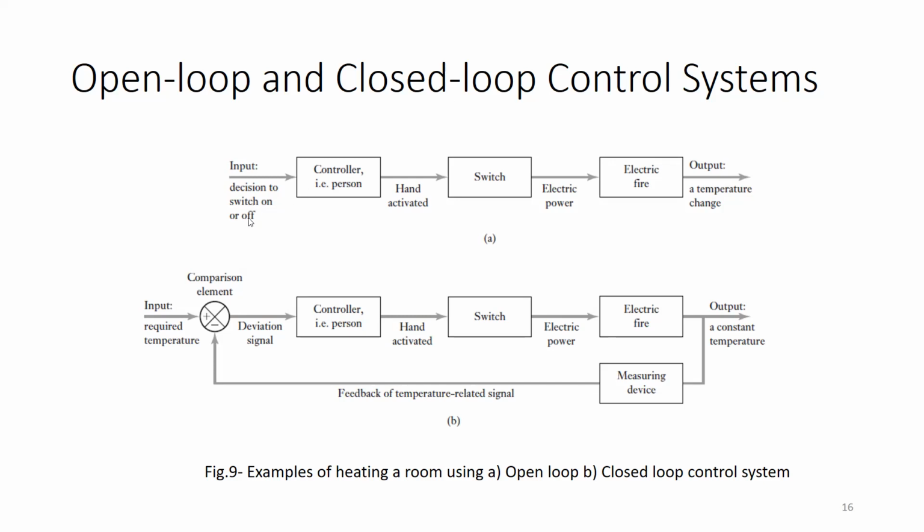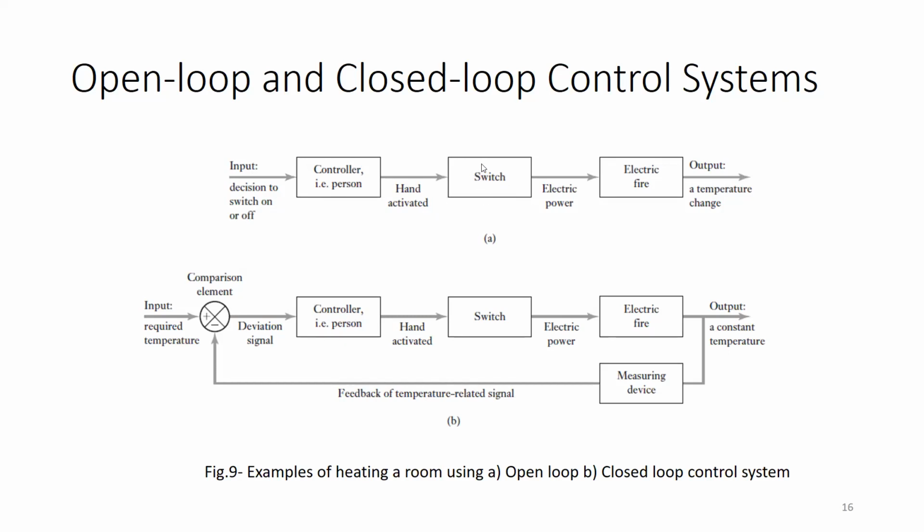So the decision is to switch on or off. That is the input, and that is the controller. Here the controller is the human. And what is the actual control? Switch is the control. On off switch is the control, which is a hand activated process.